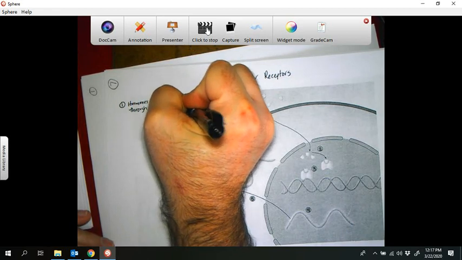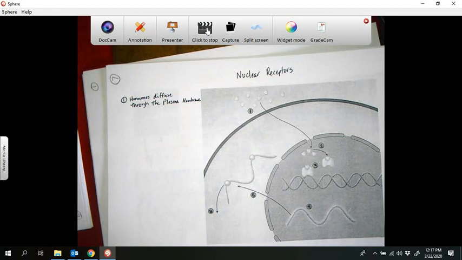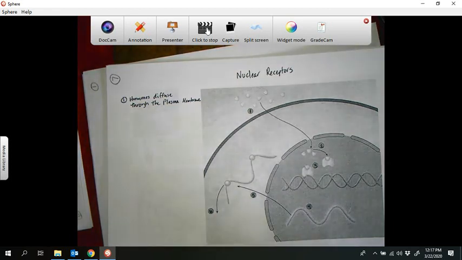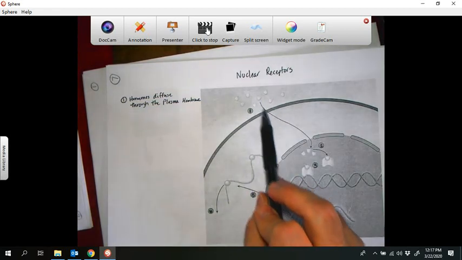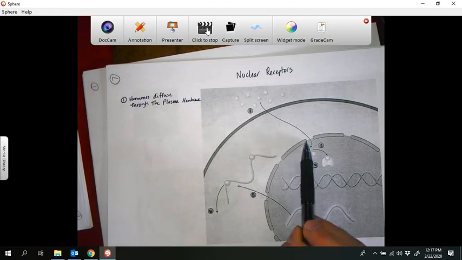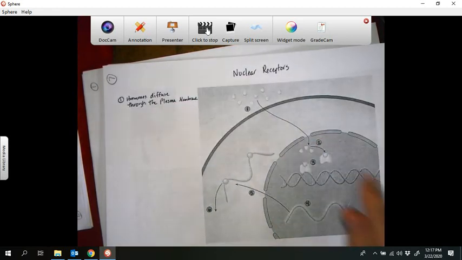Remember, these are lipid-based hormones. They can diffuse through the hydrophobic section of the plasma membrane. Then you can see that these hormones, as they diffuse down through, go between the nuclear pores. So this is the nucleus. There's the nuclear membrane, and we have those nuclear pores.